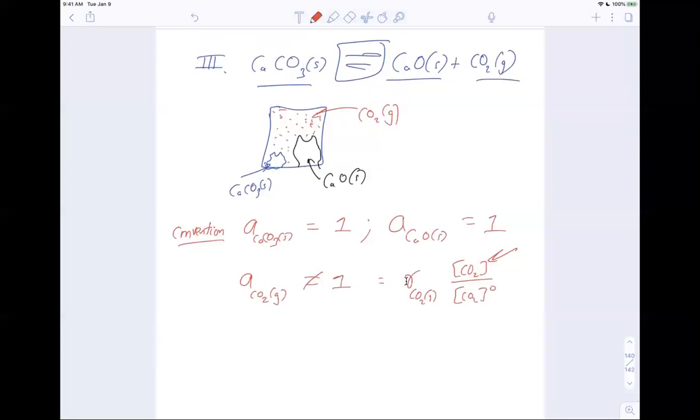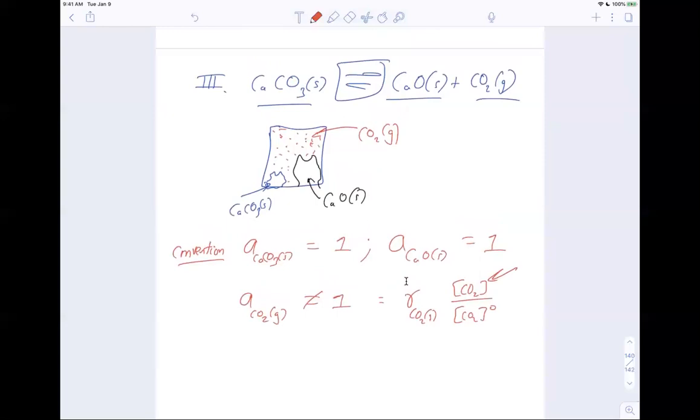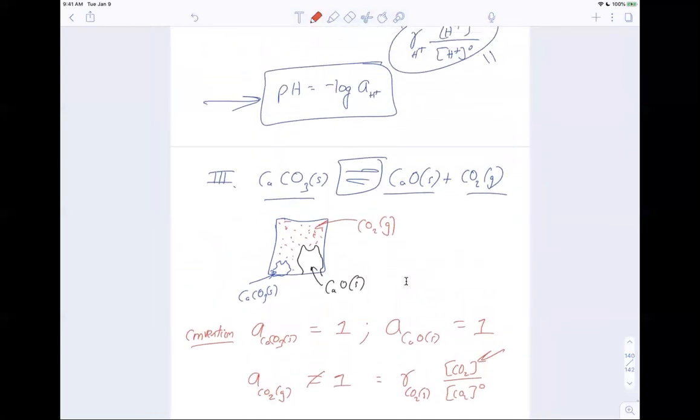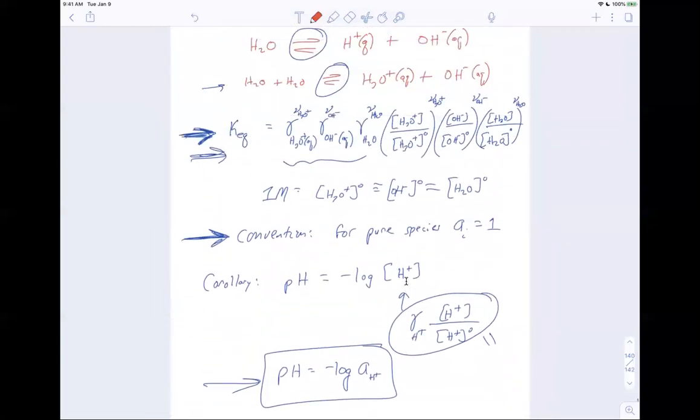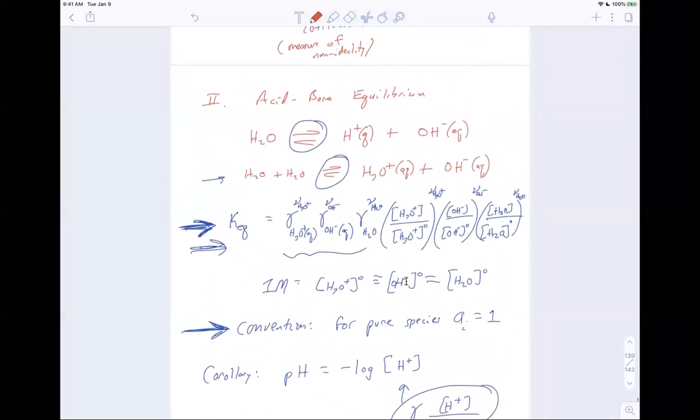Any questions on that? This is a way to introduce you to, and give you a few examples of, how activity and activity coefficients arise in the physical quantities that you've seen before without the presence of activity and activity coefficients. So any questions?